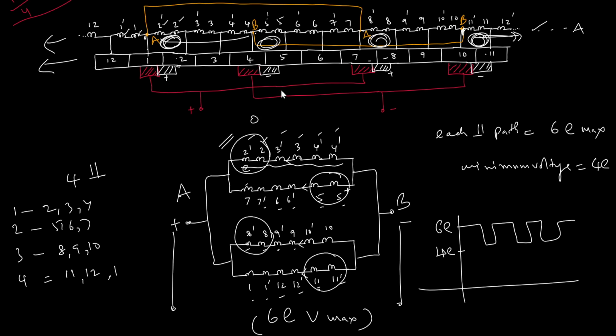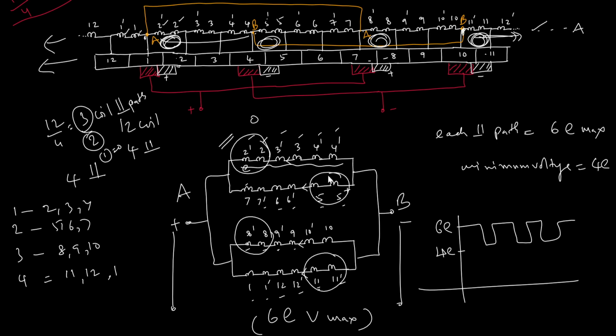As the brushes move, the coil numbers change and the parallel circuit changes, but altogether at any given time we have 12 coils on the armature and 4 parallel paths, so 12 by 4 is 3 coils in each path. But during the short circuit created by the brush, only 2 coils will be present, and one coil will have voltage 0.